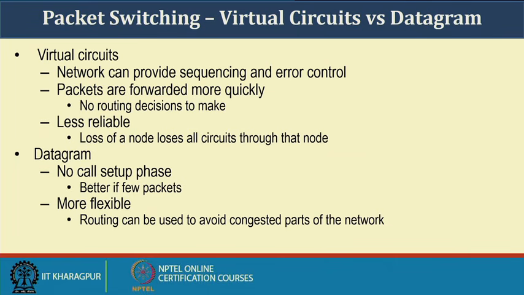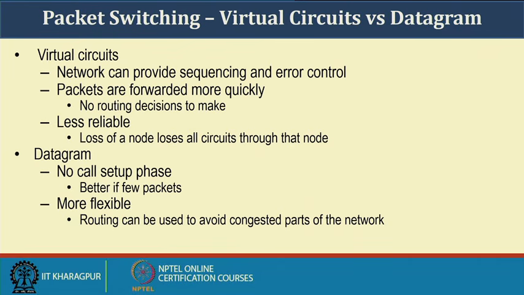But it is less reliable: loss of a route loses all the circuits to that particular node, and because a node can have more than one circuit established, if that node is faulty or not working, then all the circuits to the node are lost. It is not only a reliability issue, it also has the extra cost of re-establishing the circuit and retransmitting.